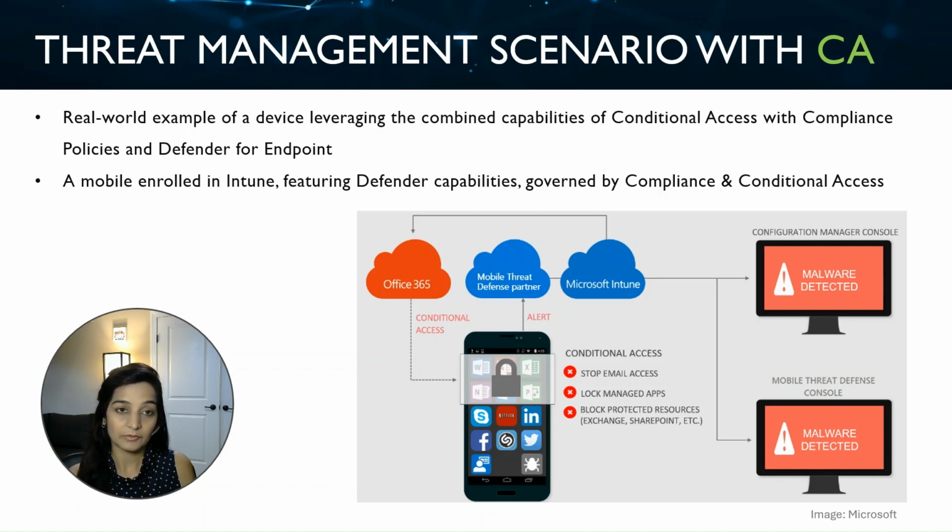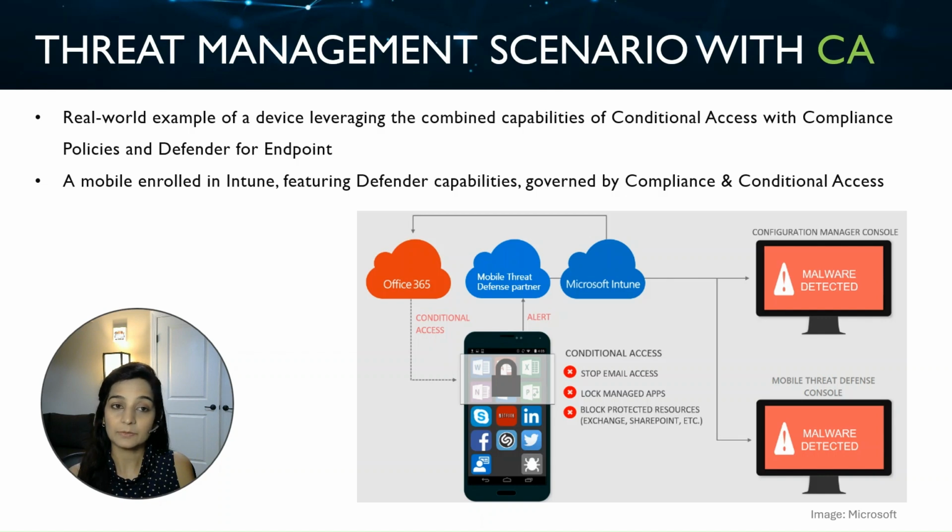Considering we have Defender for Endpoint implementation in place, it will detect that this device has malware. Now, because Defender for Endpoint identifies this risk, it assigns a specific risk level to the device, perhaps assigning it as a high risk device. If we have configured compliance policies in Intune to flag the device as non-compliant if risk level is high, then this device will immediately be marked as non-compliant in Intune.